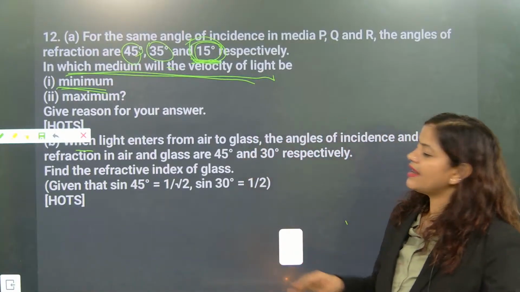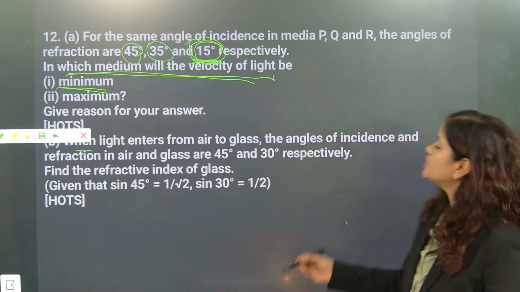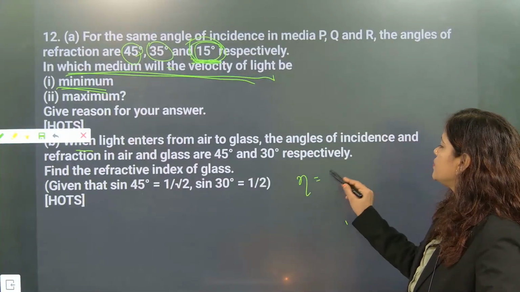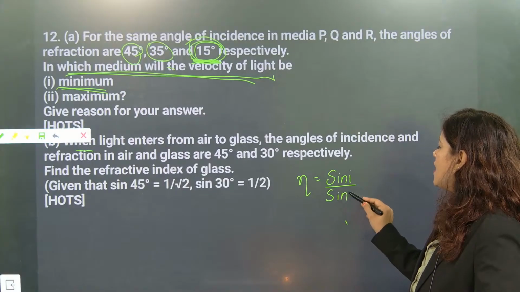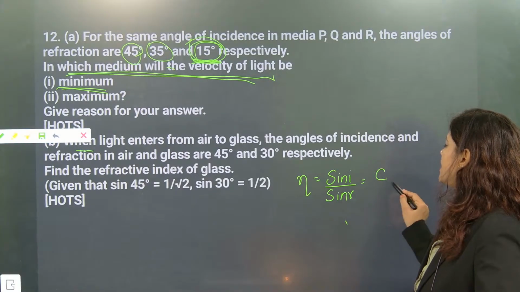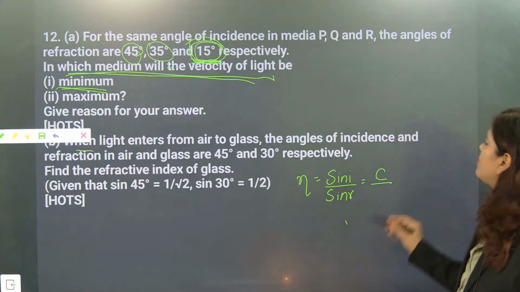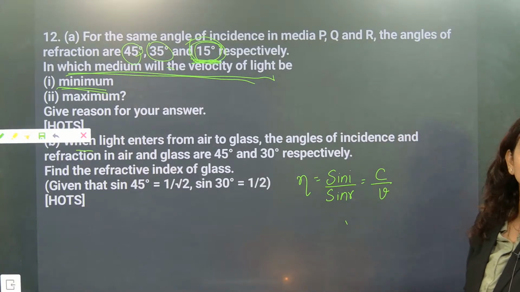We know that n is the refractive index. So when you are writing, n is equal to sin I by sin R, and that is the velocity of light in air by the velocity of light in the medium. Since the incident angle remains the same, sin I is the same for everything.